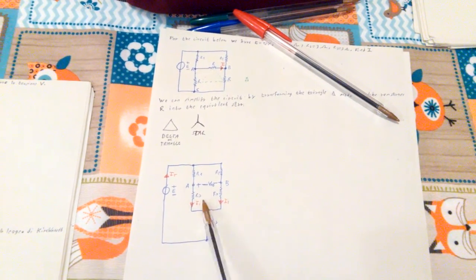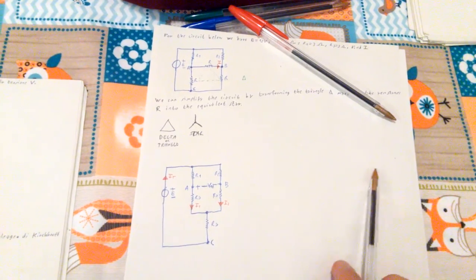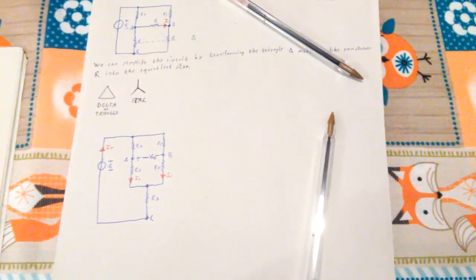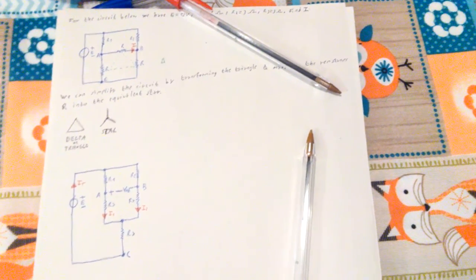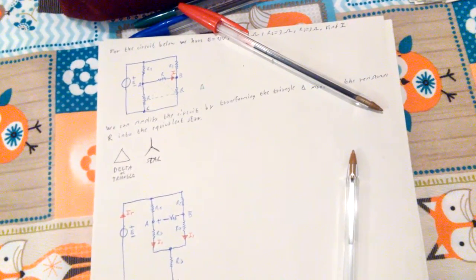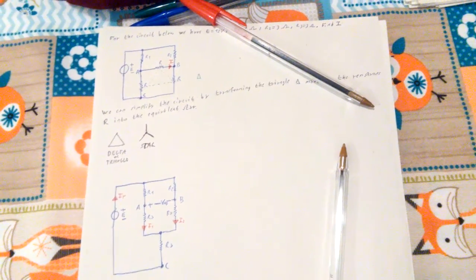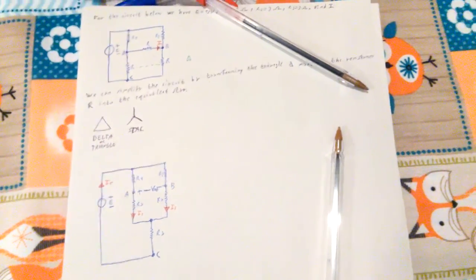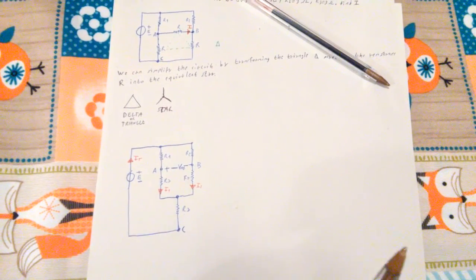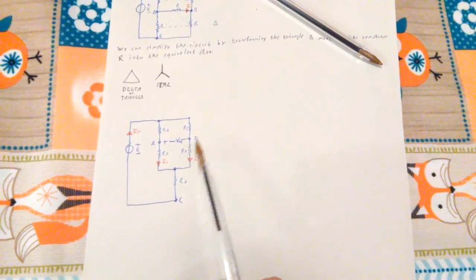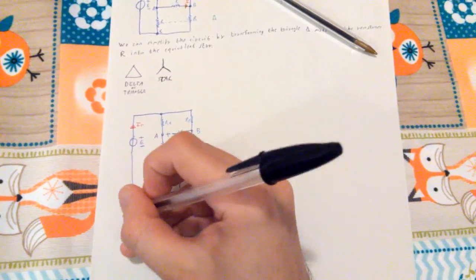And I wrote RA, RA. So now, why would I do this? Well, because calculation is going to be better this way. The reason why I put RA here is that I'm actually going to have to find RA.